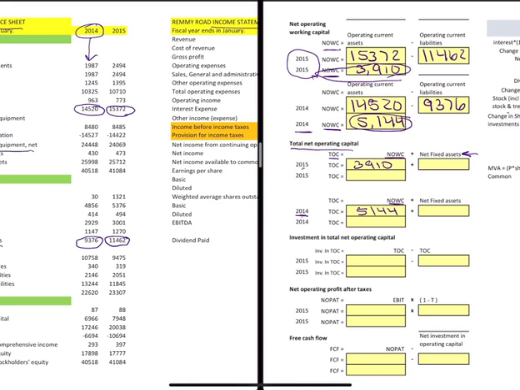So we're going to take this value for 2015, which is 24,069, and put it here. And we'll do the same thing for 2014, 24,448.